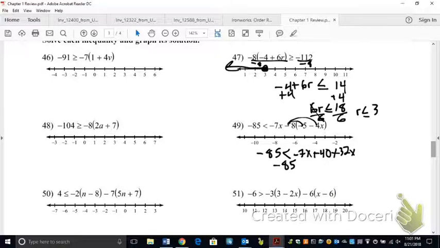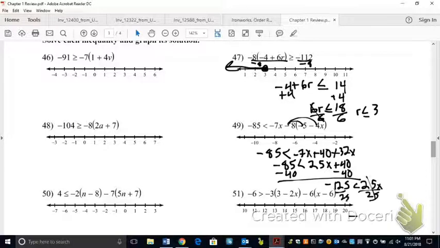We're going to combine like terms, so we have negative 85 is less than 25x plus 40. So to get the 25x, we want 32 minus 7. We're now going to subtract 40 from both sides, and we get negative 125 is less than 25x. Divide both sides by 25, and we get negative 5 is less than x. So that's the same thing as x is greater than negative 5.